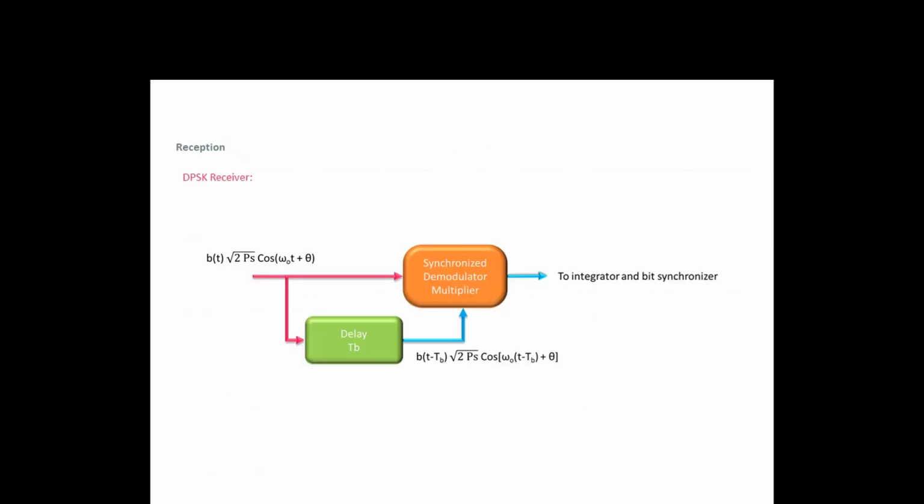Next we have a DPSK receiver. Here we have B of t, root of 2 Ps cos omega naught t plus theta.